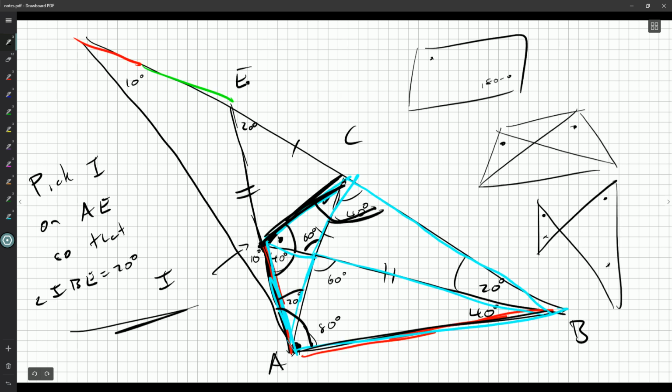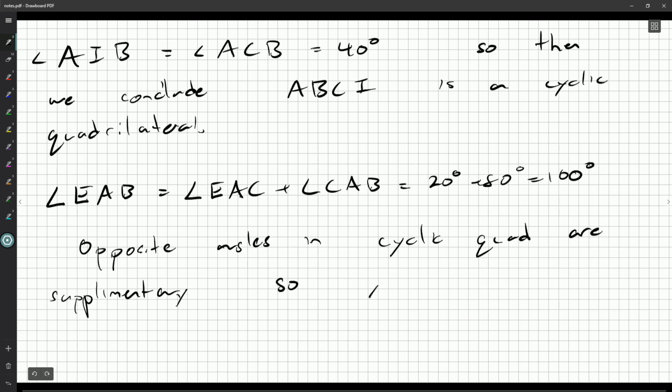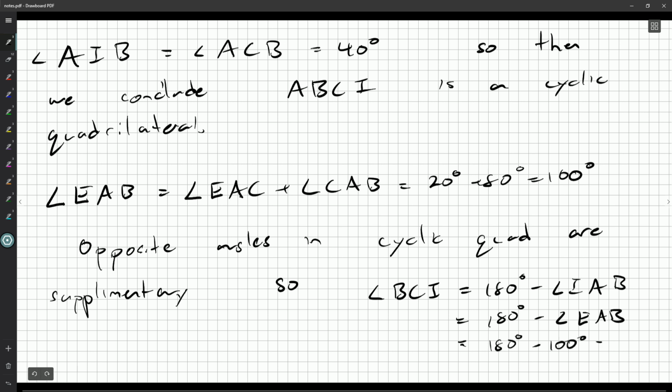So the opposite angle, BCI is 180 minus BAI, which is 180 minus this angle EAB. I guess we could write it up a little nicer. The B's don't change position, so 180 minus 100.